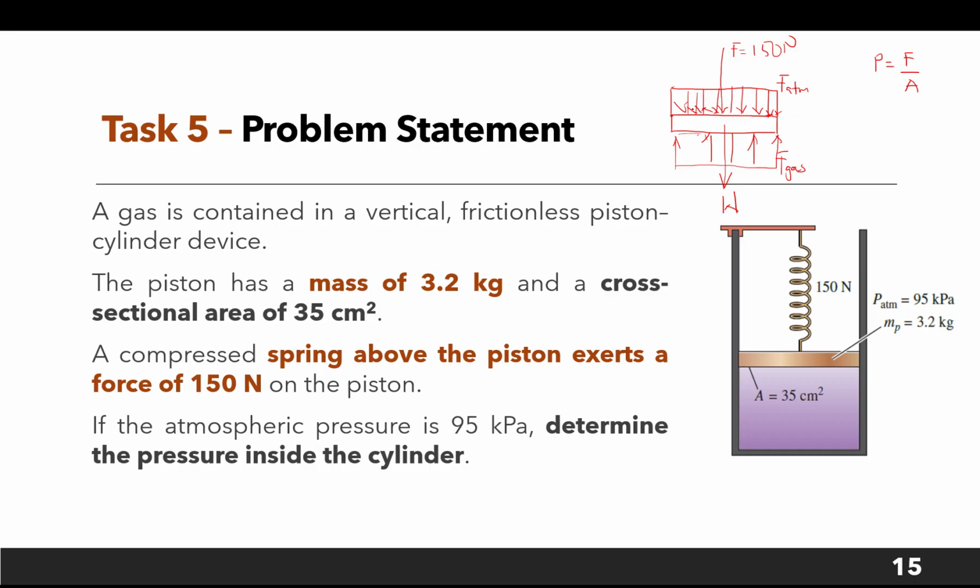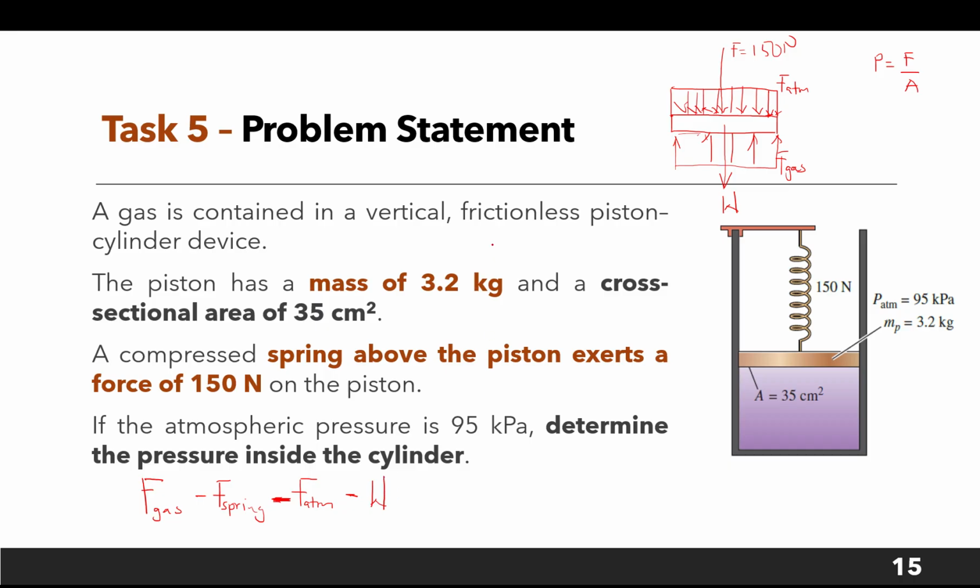So if I consider upward forces positive and downward forces negative, the sign convention, I can write the force balance equation as F gas, positive, minus F spring, which is negative because it's going down, minus force due to atmospheric pressure, minus the weight.